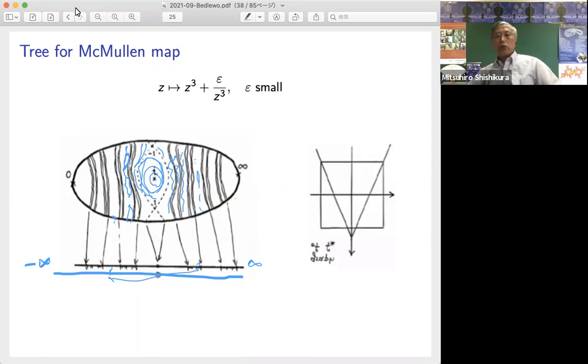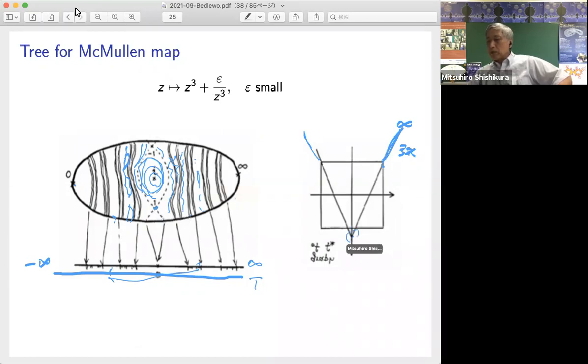And if you draw the graph, this is a tree, and the graph will be something like this. So infinity is a fixed point, and there it's like an expanding map with a fixed point here, expanding by a factor of 3, like x goes to 3x, and the left-hand side is folded, and the critical points correspond to here.